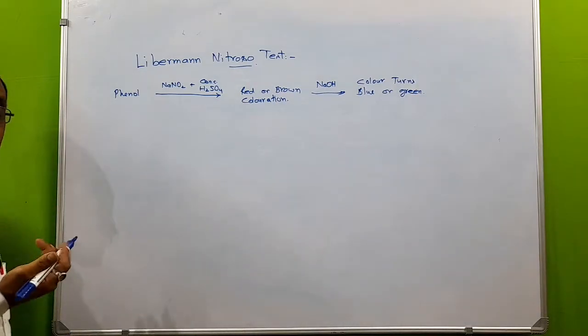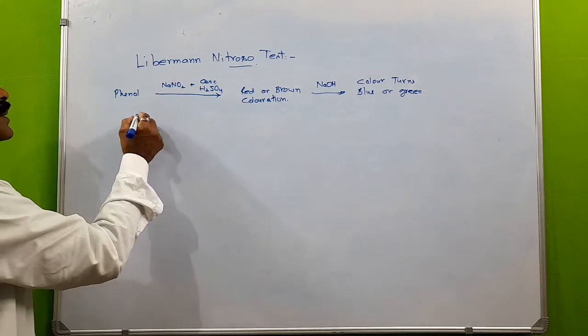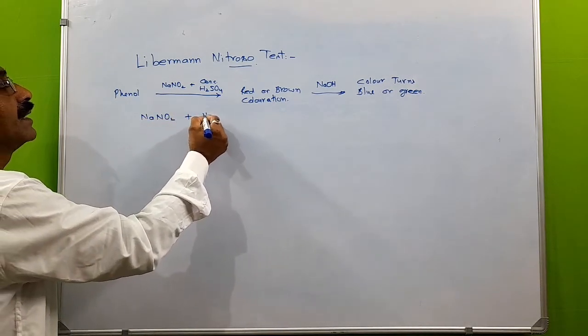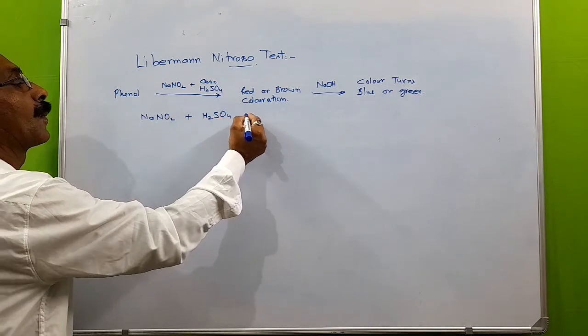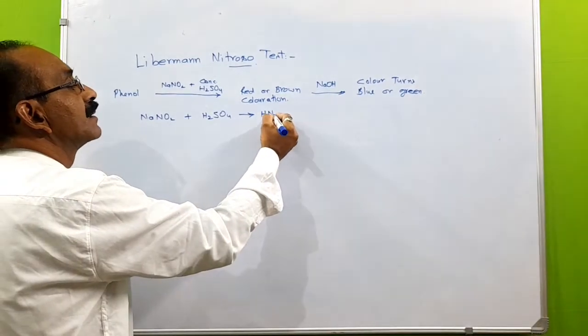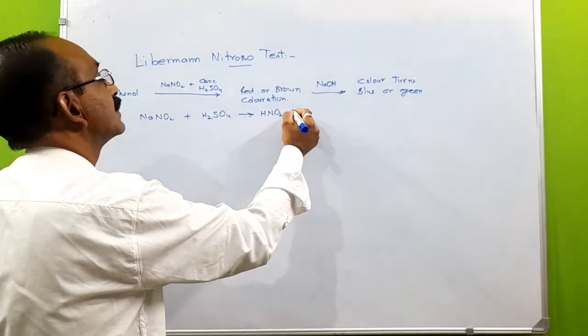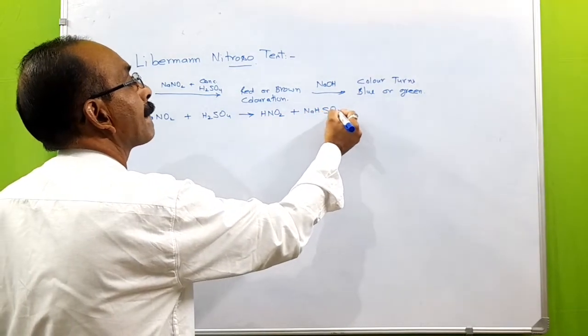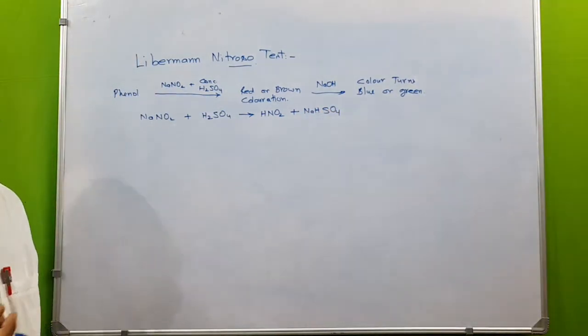What chemical changes occur here? See, this NaNO2 reacts with H2SO4, and here we obtain nitrous acid along with NaHSO4.